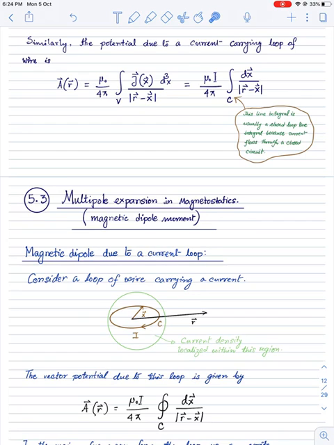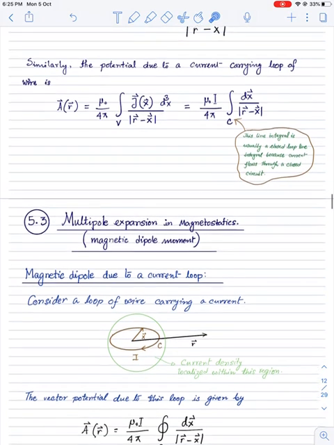Now here also there is a localized current configuration, and far away we want to see what is the form of the magnetic field. Okay, we want to see what is the form. This can be done by a similar kind of expansion as in electrostatics, and it's called the multipole expansion in magnetostatics.